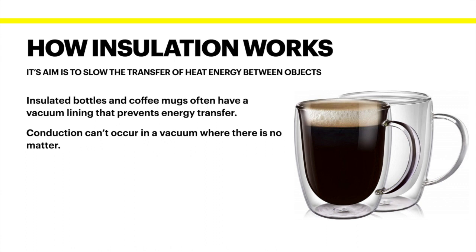And that space in between is either air, or if they're able to take all the air out, that's even better. So your Hydro Flasks, your insulated water bottles, your insulated coffee mugs, most of them are double layered like that so that it keeps the liquid either cold longer or keeps the liquid hot longer.